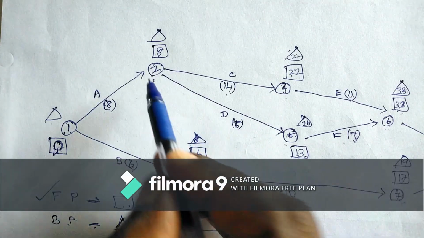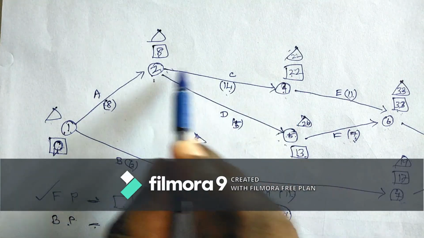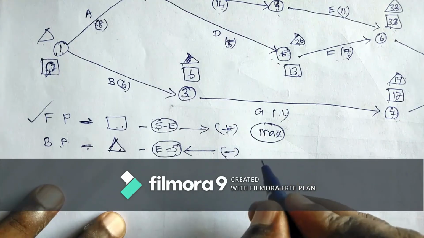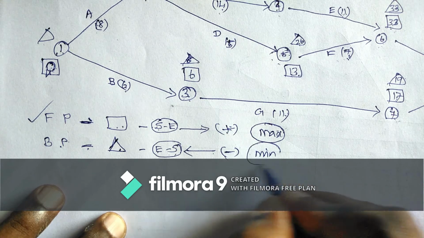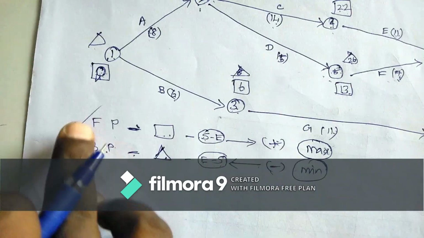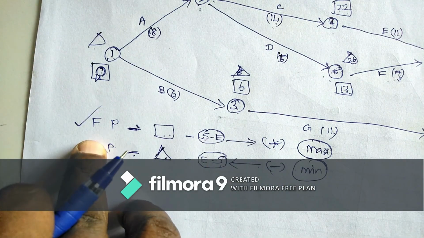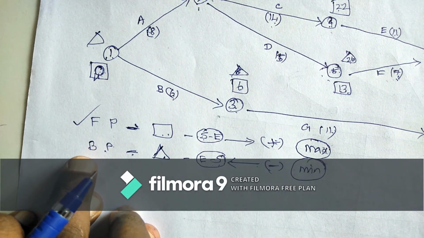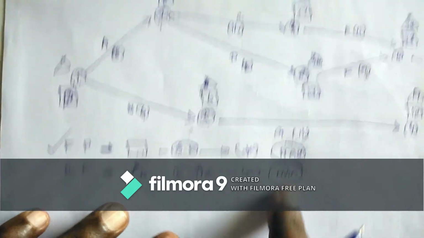Okay, here there are two next values, 22 and 26. So we have to pick the minimum value. That is the opposite process of the forward pass. For the forward pass we pick the maximum value; for the backward pass we pick the minimum value.